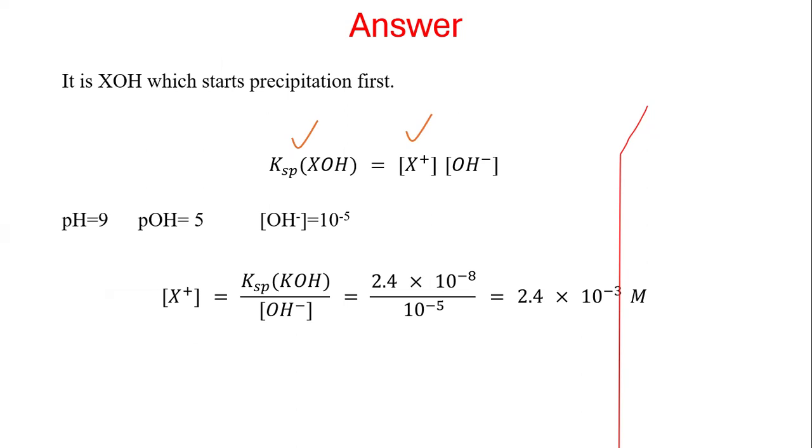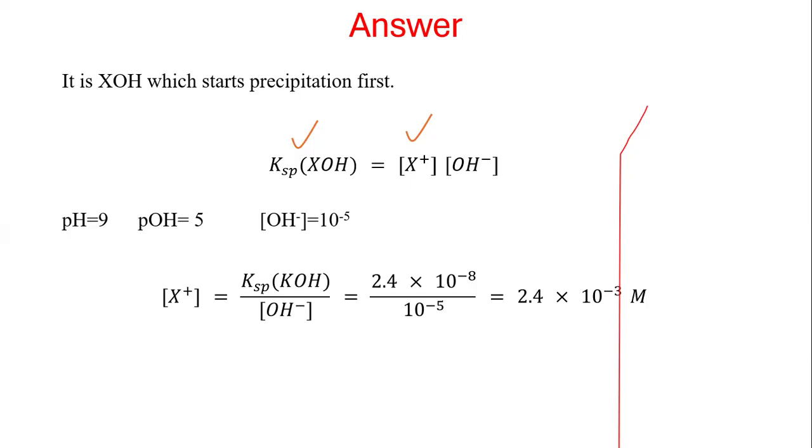But the OH minus concentration you can get from the pH value. pH is 9, then pOH is 5, because pH plus pOH is 14. If pOH is 5, the OH minus concentration, since p stands for minus log, is 10 to the power minus 5. So when you substitute, you will get this value. Did you get it?